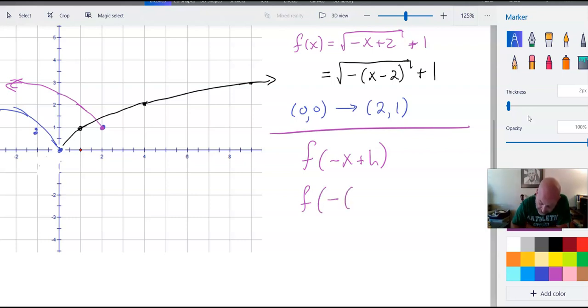So you have to change it to x minus h, just to be able to read it consistently. You really need to think about it this way.